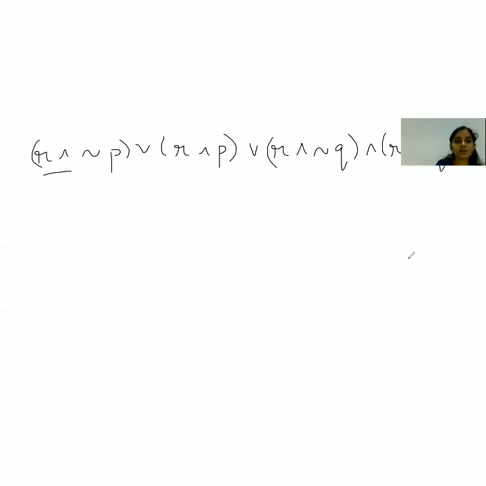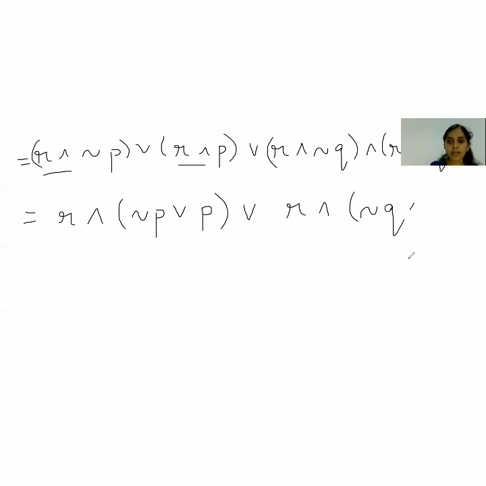Now we'll take R and common in both of them. So R and negation P or P, or R and common, negation Q and Q. Then we have R and what is negation P or P?